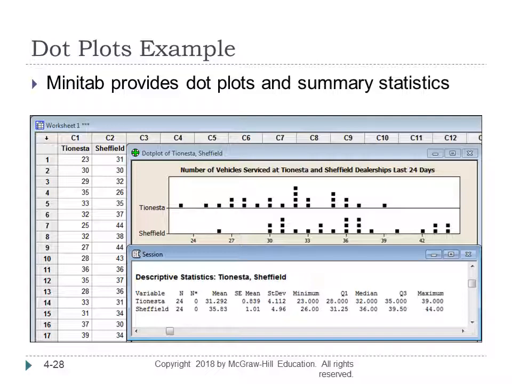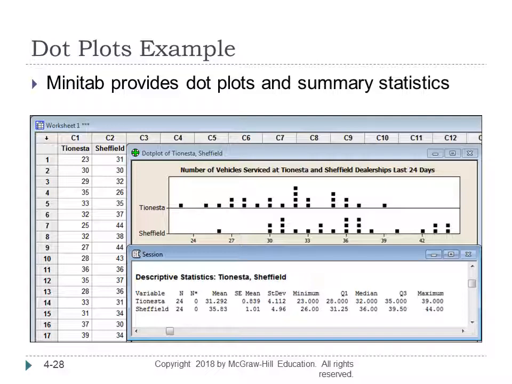What's also useful for this particular example, Minitab will also give you summary statistics. It is descriptive statistics for both locations. And this is another way to compare the two locations, by comparing the two different statistics. We have two lines, one for Tainusta, the top one, and one for Sheffield, which is the lower line or row.